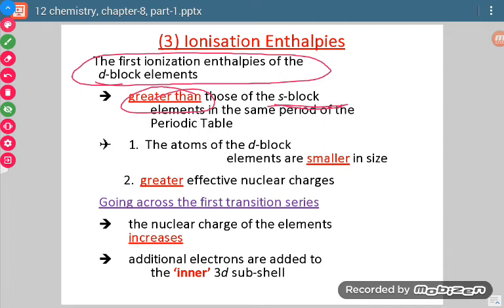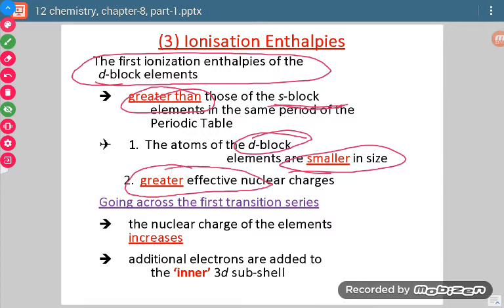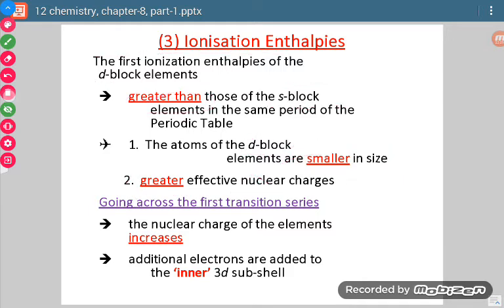Why? Because the d block atoms are smaller in size, and because of the smaller size, the effective nuclear charge is more. So in general, first ionization enthalpy values for d block elements are higher than those of s block.